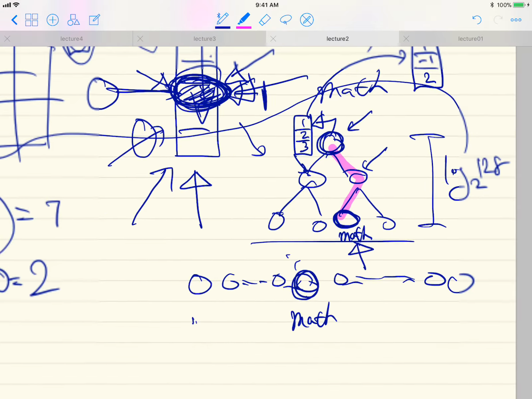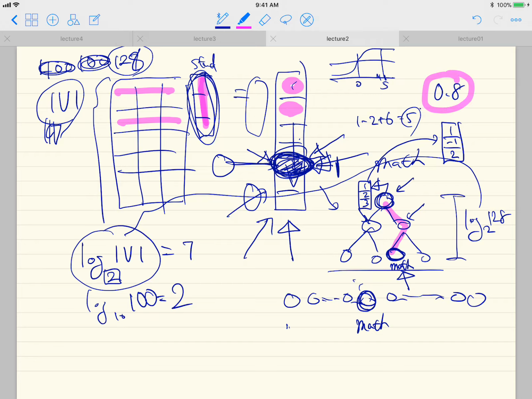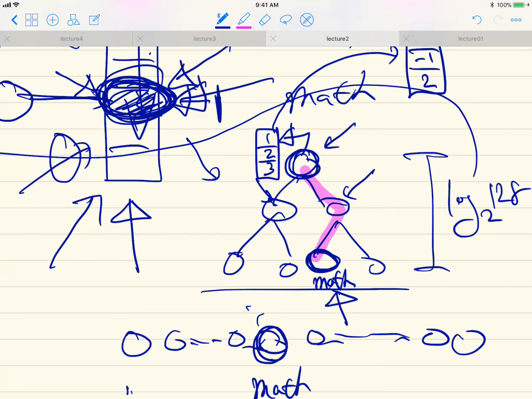So in that case, you remember that this probability of 80% acts as a gatekeeper. Gatekeeper means that in order for you to go to the right side, or right path, you have to pay this amount of probability reduction.